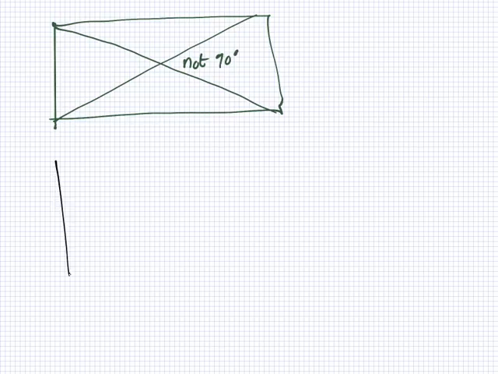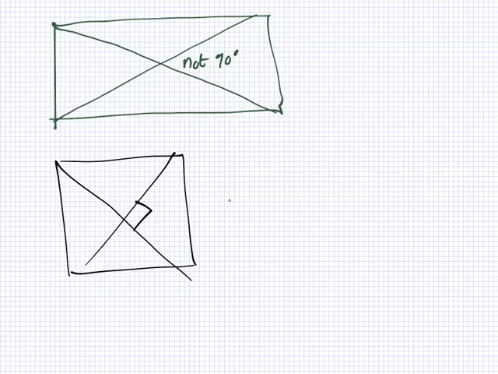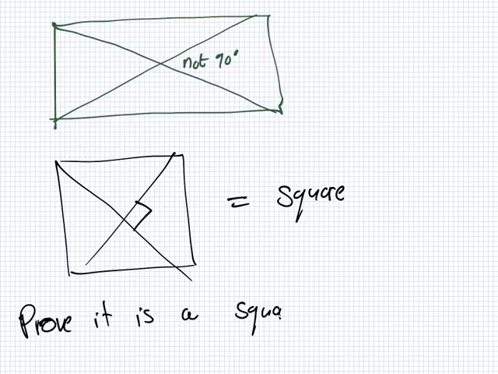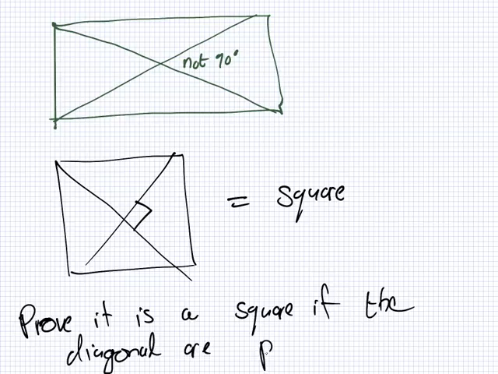What I want you to prove is that if they are 90 degrees, then what you actually have is a square. So, prove it is a square if the diagonals are perpendicular.